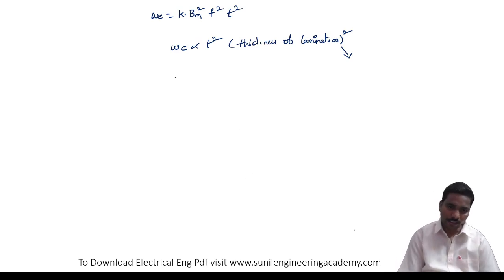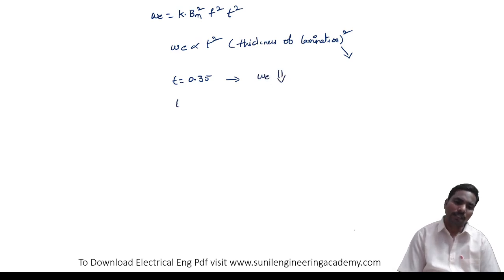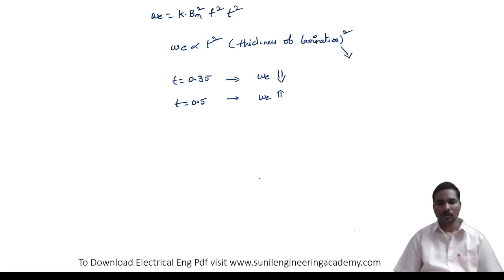If the thickness is 0.35, then eddy current losses will be less. If the thickness is 0.5, eddy current losses will be somewhat more. Like that we can get the idea.